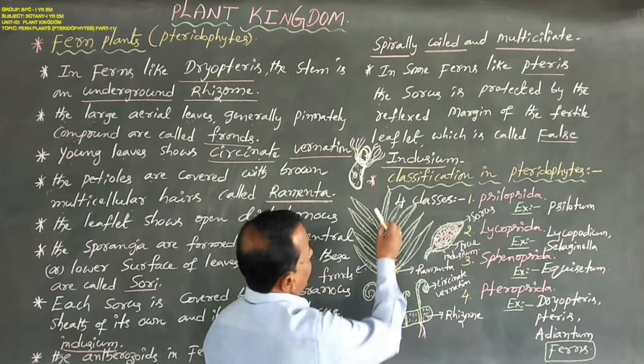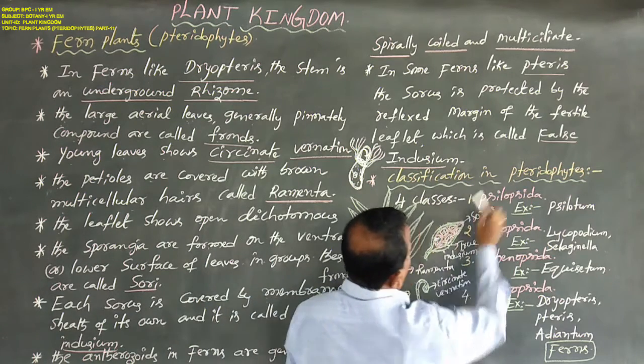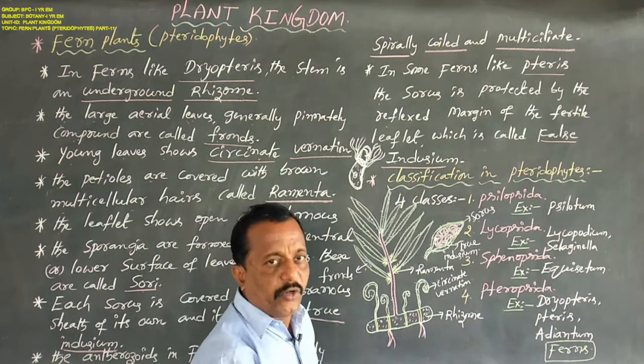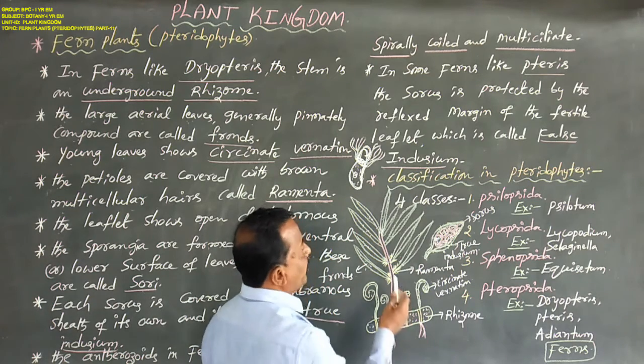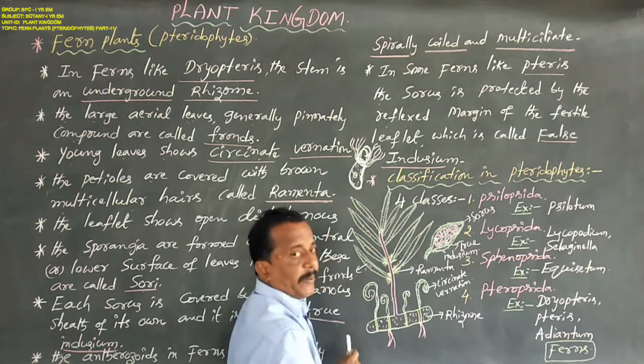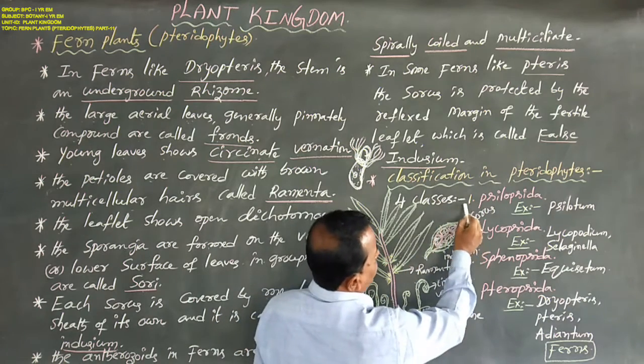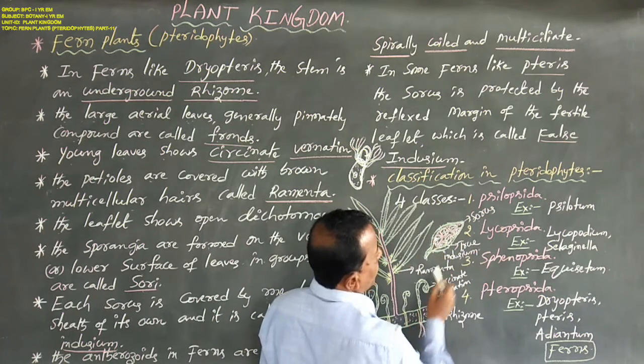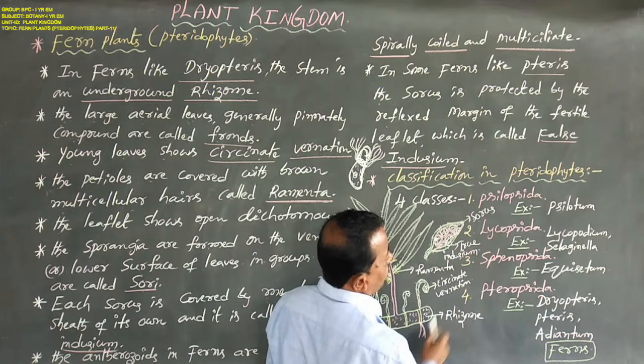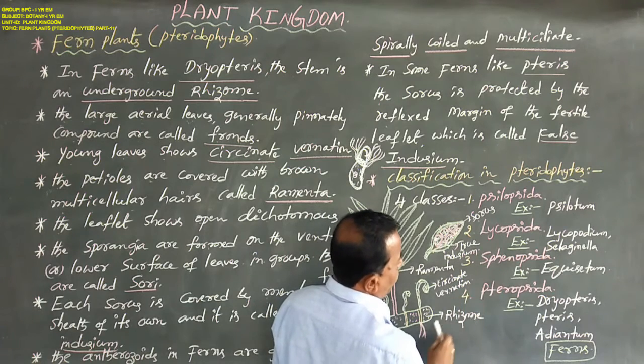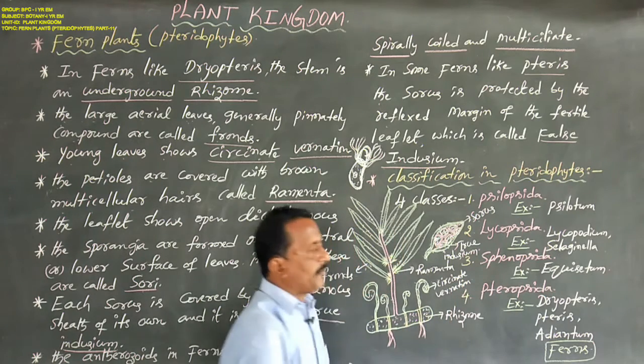Next, coming to classification in pteridophytes. The pteridophytes are further divided into four classes, namely the first class Psilopsida, second class Lycopsida, third class Sphenopsida, fourth class Pteropsida.